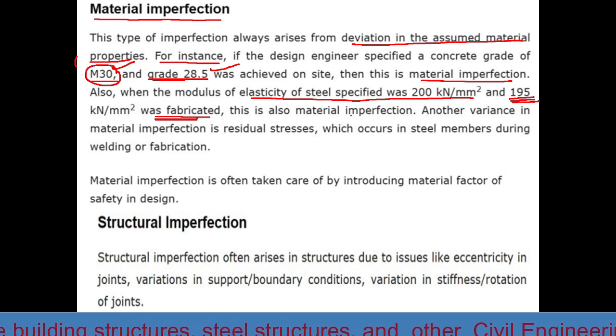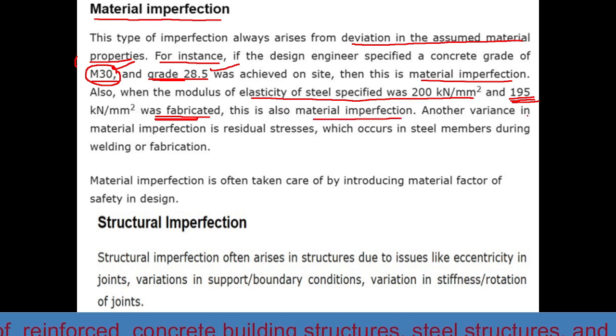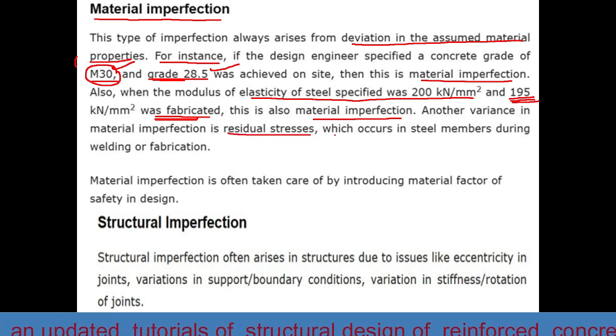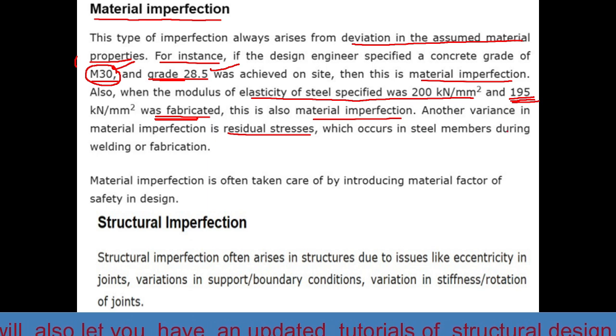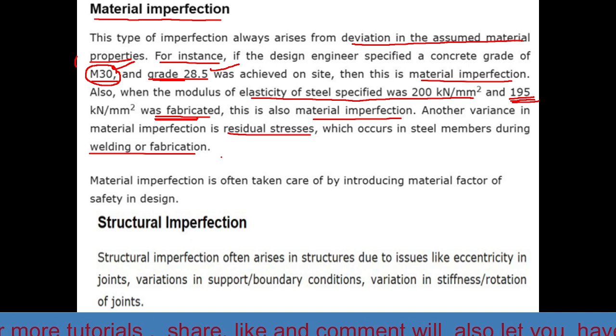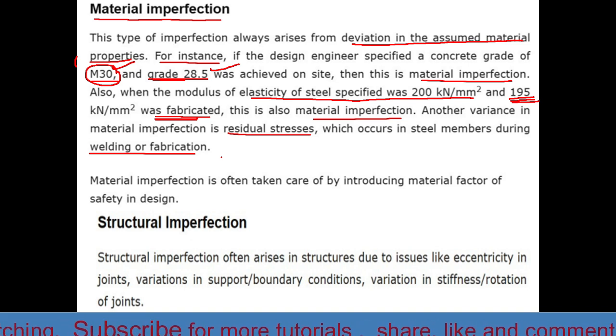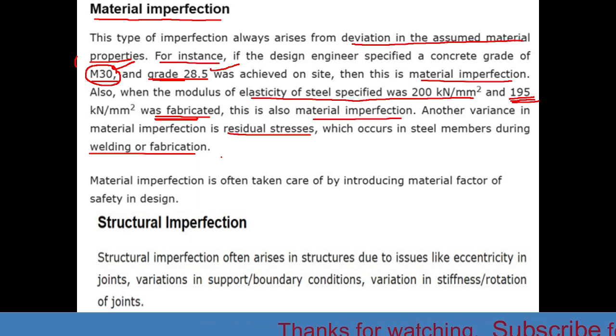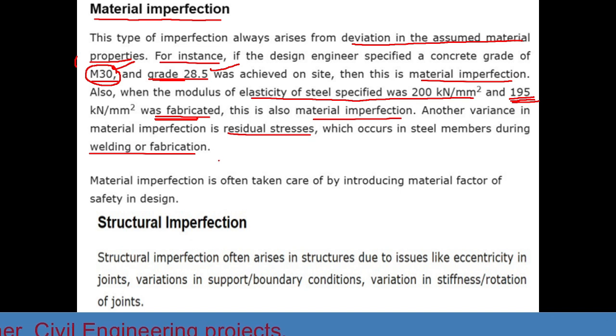So this is also a material imperfection. Another variance in material imperfection is residual stresses, which occur in a steel member during the welding of the fabrication. So in general, material imperfection is the problem which happens during the fabrication of the construction materials.